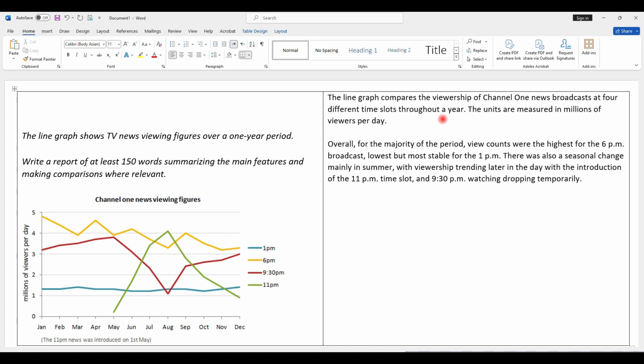Alright, okay, so we can say that it temporarily dropped. It means later on it just recovered to some extent.